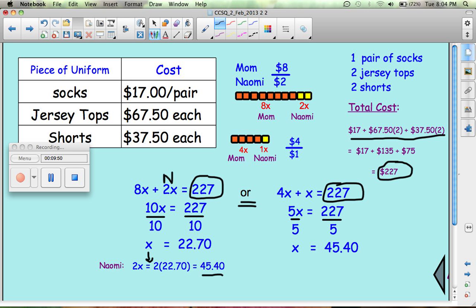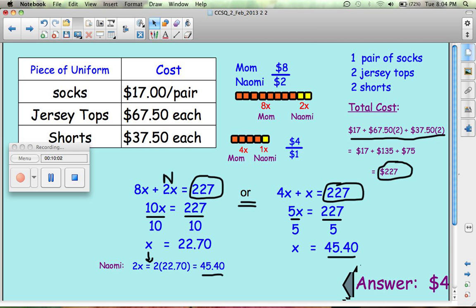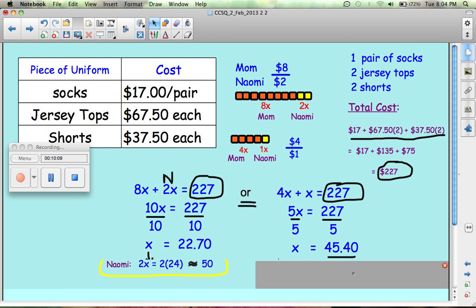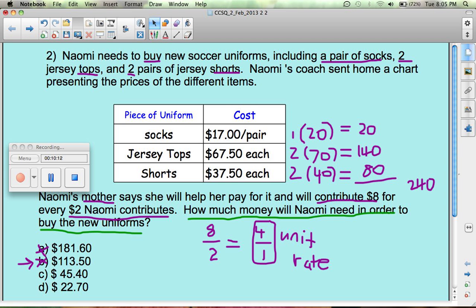And then on this side, if you were to do it with your 4x and the x instead, you'd get the same answer. So guess what? How did that work out? Pretty close to our estimate of $50? I think so. So our answer, $45.40, which is choice C, answer choice C.